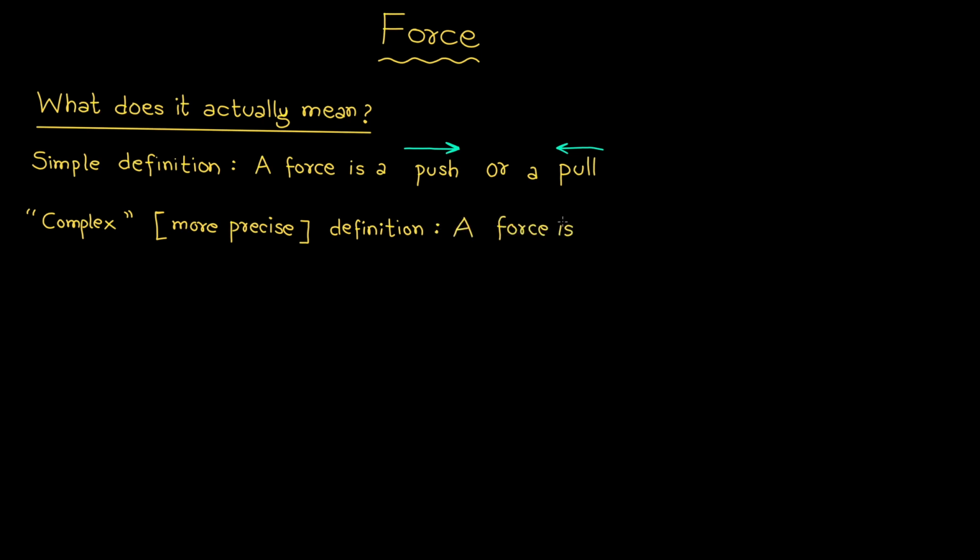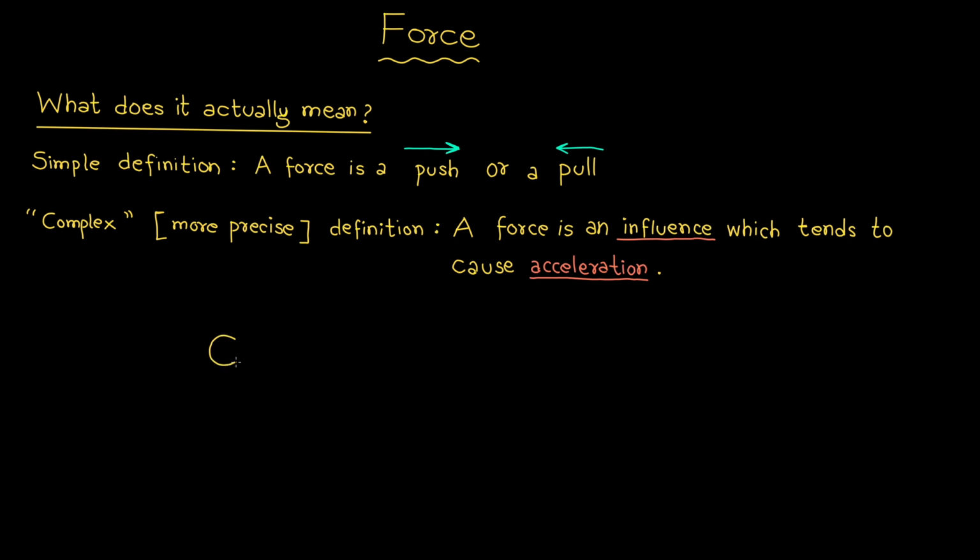For example, let's say you're pushing against the wall. You don't cause an acceleration because the wall's normal contact force and its friction with the ground prevent you from doing so. Those forces oppose you. But if a force is unopposed, it is unobstructed, the force will cause an acceleration, which may mean that it changes the velocity, or the magnitude, or the direction of the velocity.